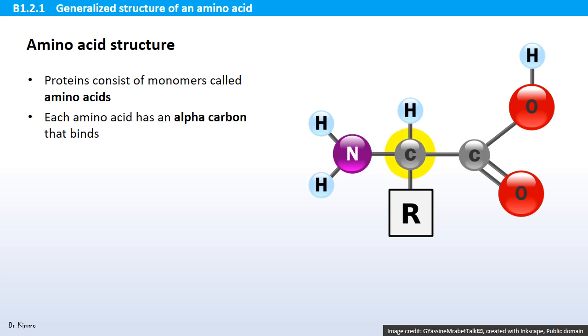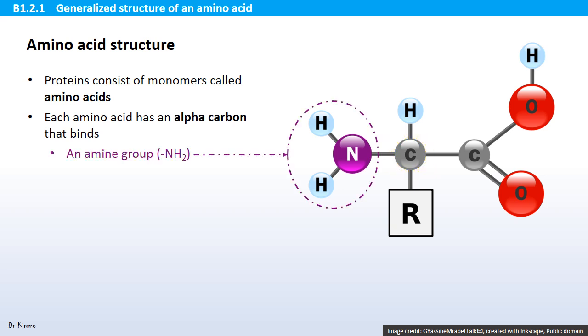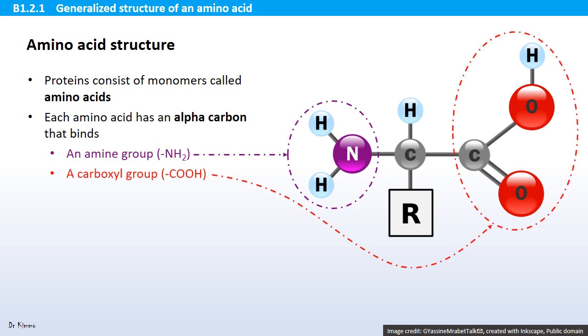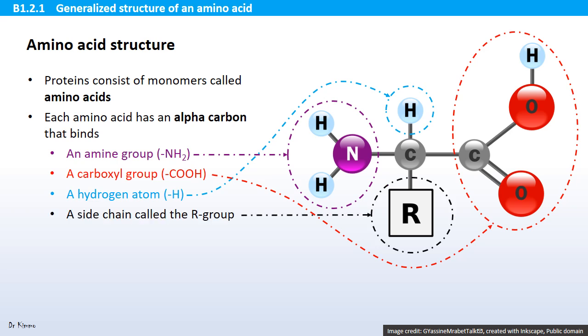Each amino acid has an alpha carbon, and that alpha carbon binds an amine group, a carboxyl group, a hydrogen atom, and a side chain called the R group.